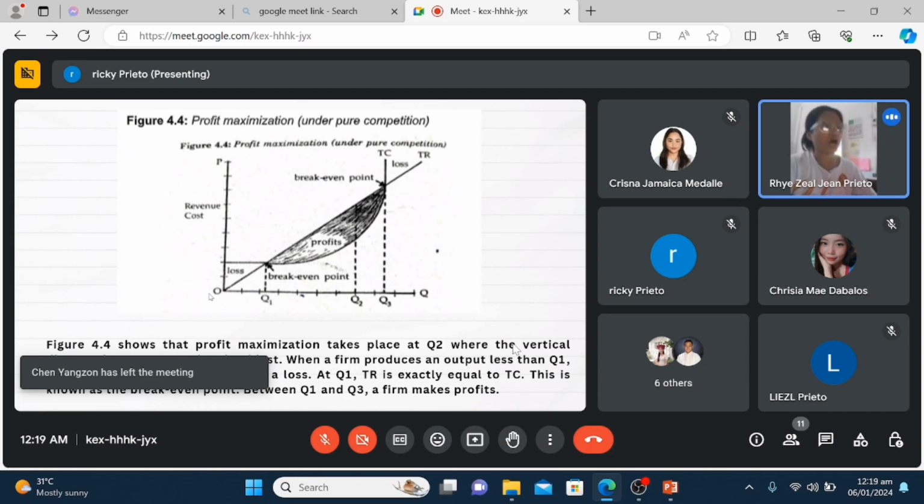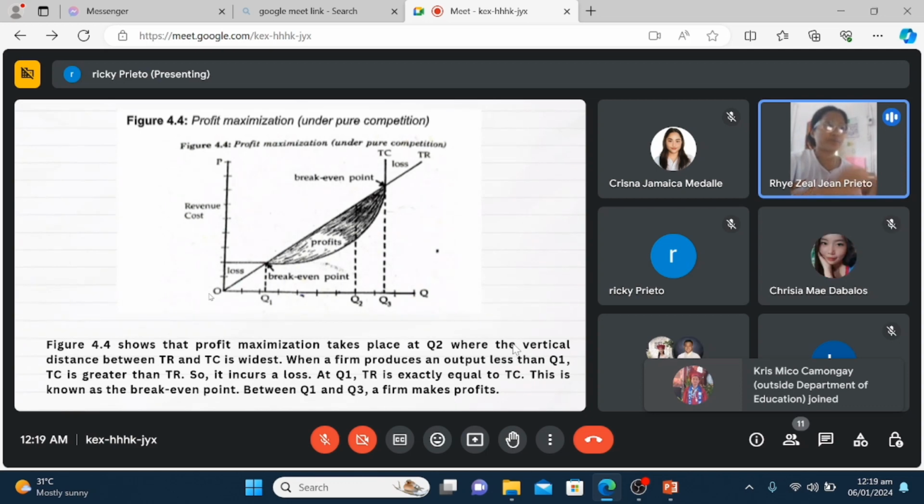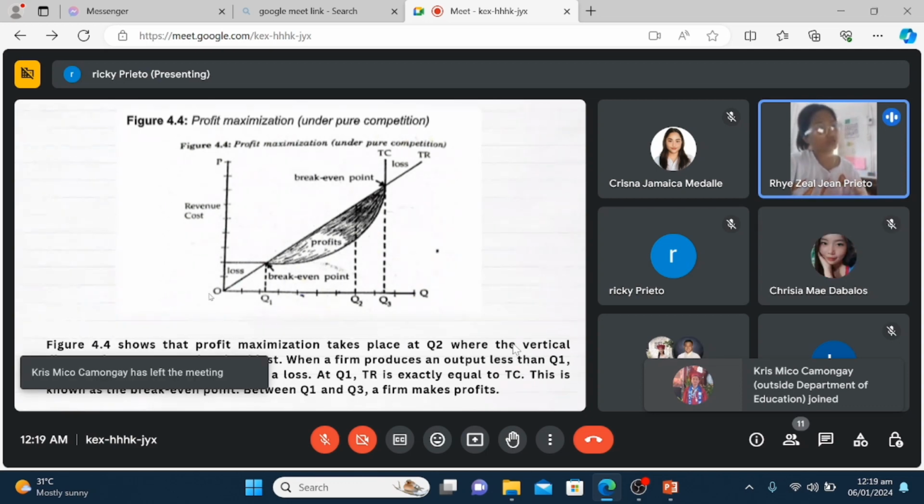Makita if ang firm naabagid siya profit nga nakuha from selling its goods or services. If ma-tell nato nga loss, so probably stop production ni siya.